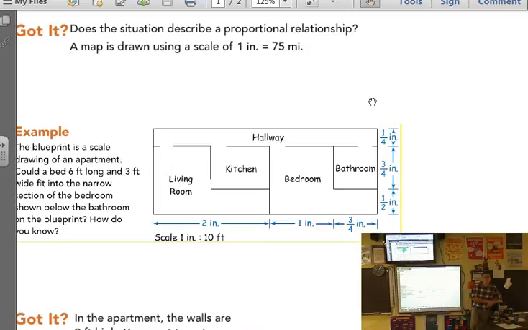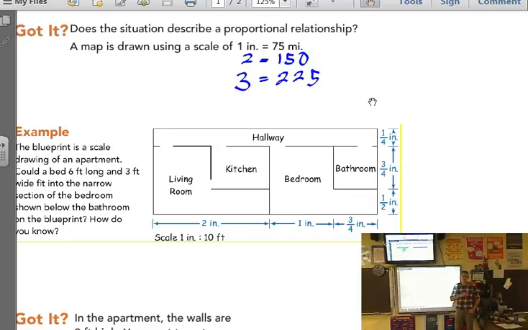So 2 inches is going to be 150 miles. What about 3? 3 is going to be 225. How are you doing that? You just add on 75 miles for each inch. So what about like 10 inches? You're going to add 10 times? Basically just multiply up. So we're really just multiplying.